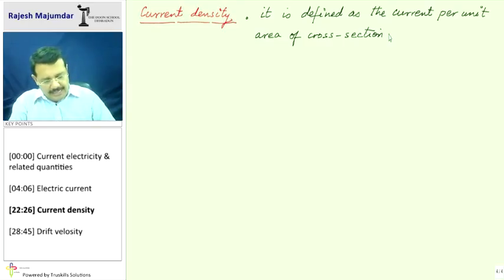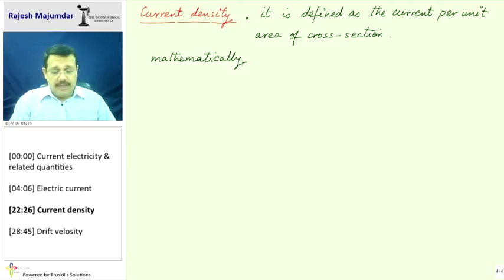So current density is mathematically defined as, I will write the mathematical formula and then you can see and talk about its unit and other things. Mathematically, current density is indicated by a letter J, very interesting letter.